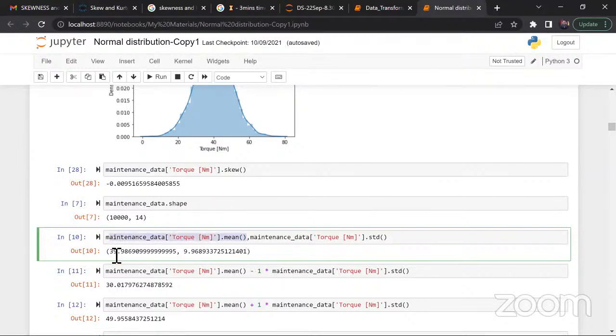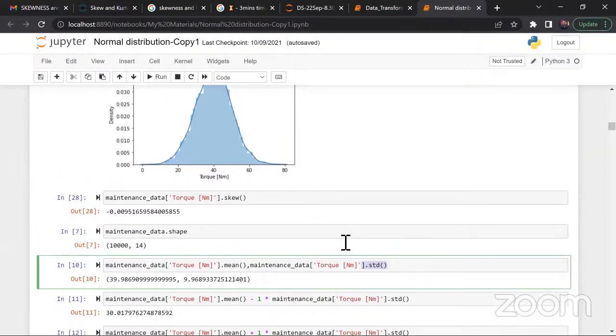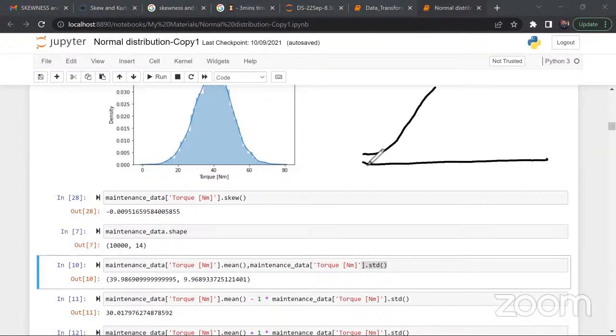The mean is 39.98, so this is my central value. And I'm picking up the standard deviation. Now the theory is, when I'm saying a normal distribution, it follows that empirical rule.